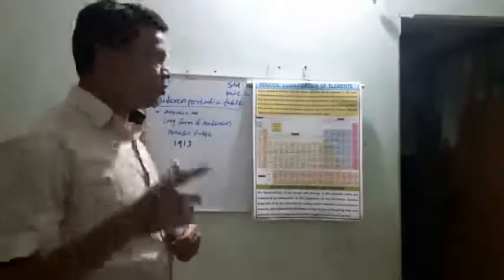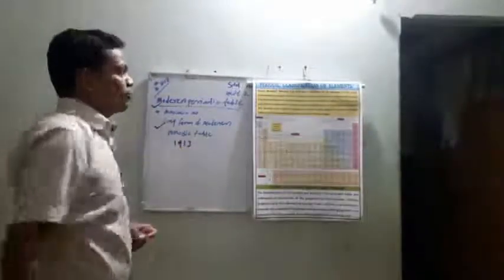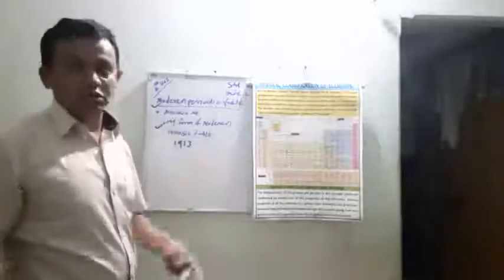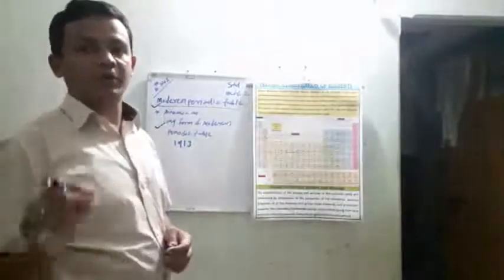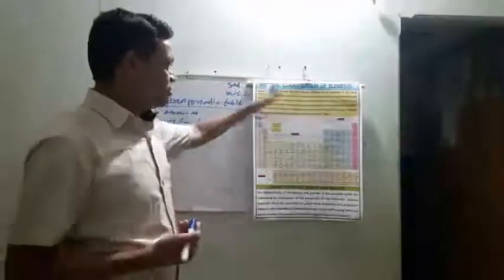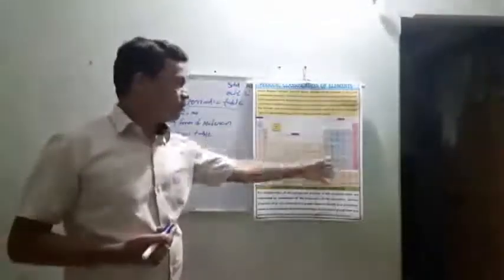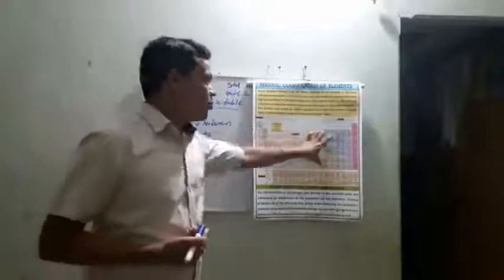It is also known as the long form of the modern periodic table, which is given in this chart. You can see here, this is the long form of the modern periodic table.